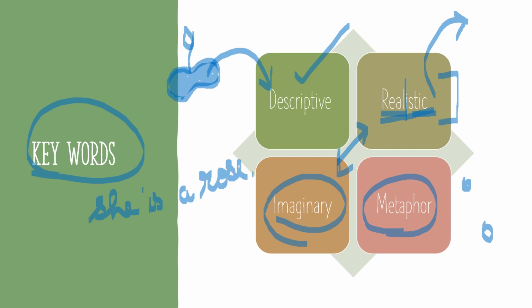So what did I do? I am talking about a girl, and what am I doing here? I am directly comparing this girl to a rose. I am saying she is a rose. That means I am doing a direct comparison of a girl to a rose.